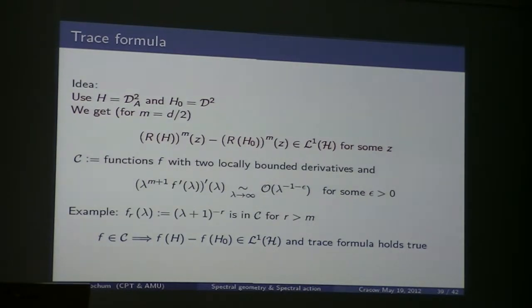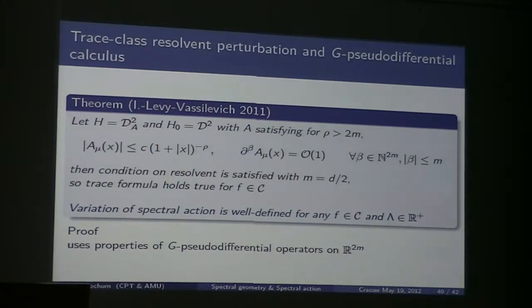So if you define C as a set of functions which are symbol-like enough, and here you have an example, not so complicated, then for this class this difference is trace class, so the trace formula holds true. Okay?